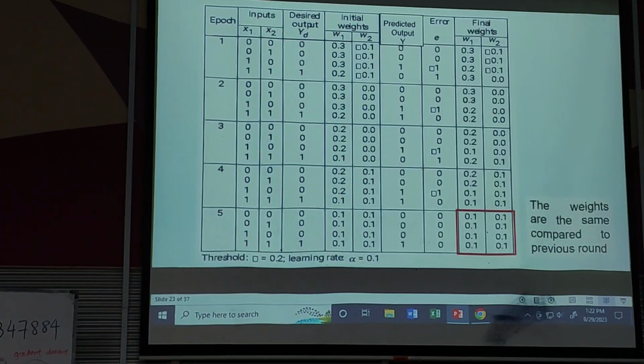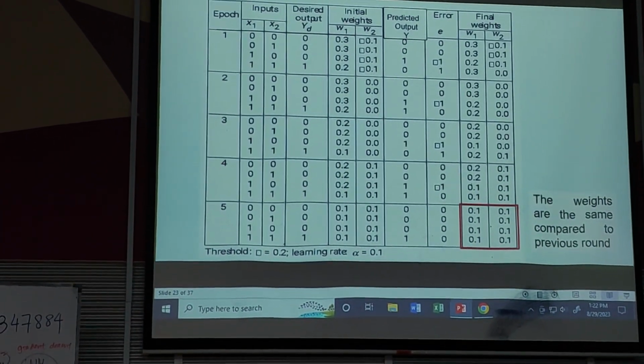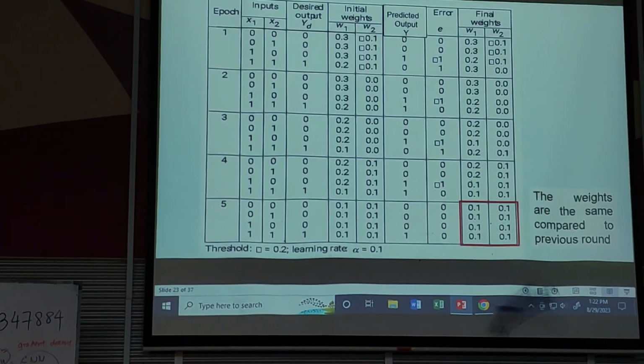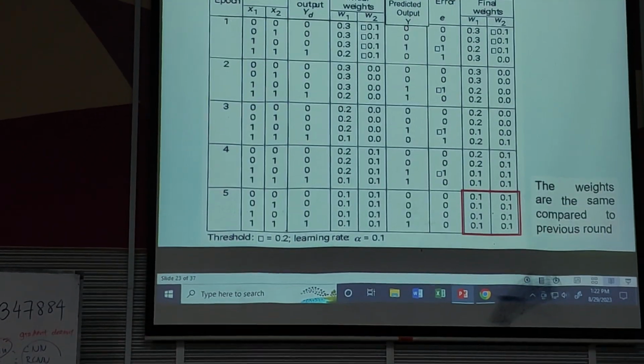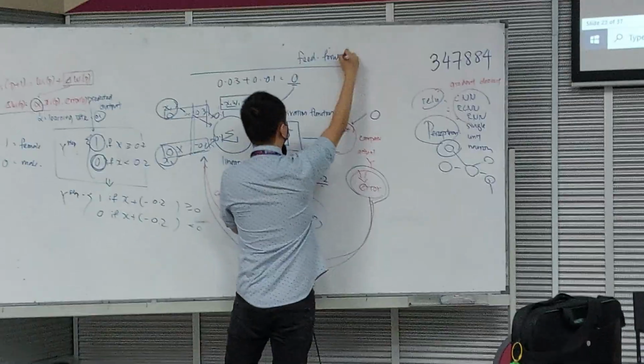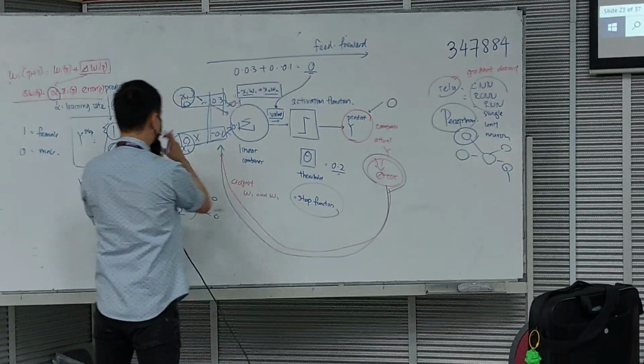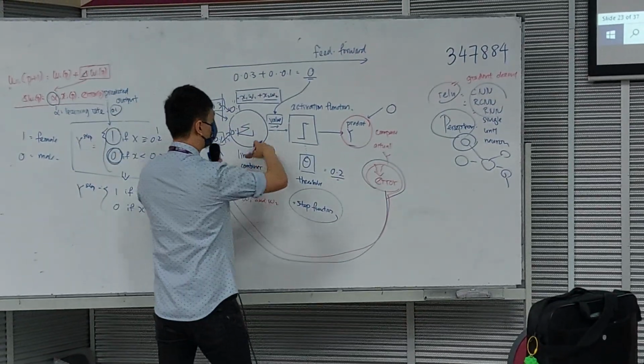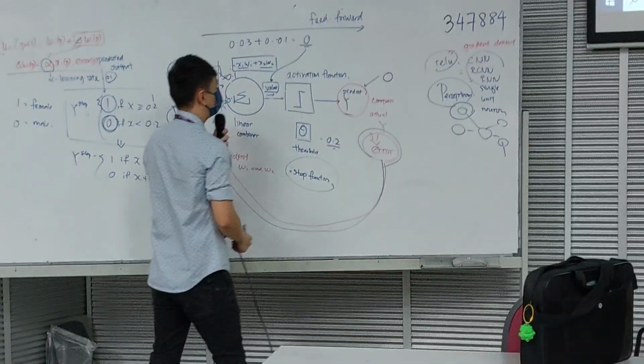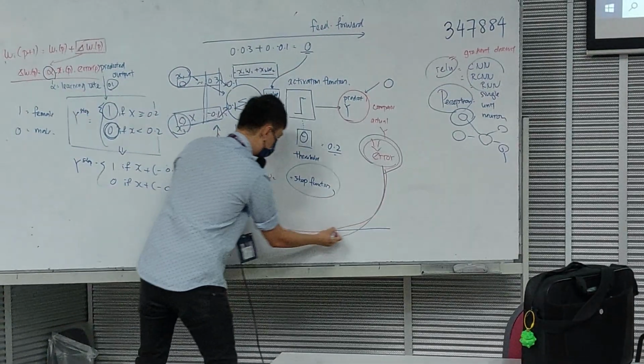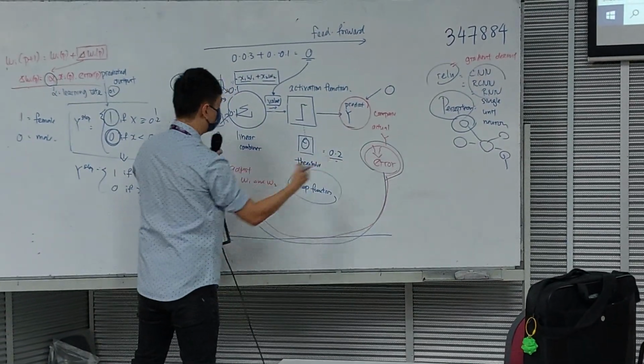Okay, so you see that the overall training process involves two phases. The first phase is called feed forward. It's where we insert the input and the weight to calculate and predict the y value. And then we have a second process from the right hand side back to the left hand side.